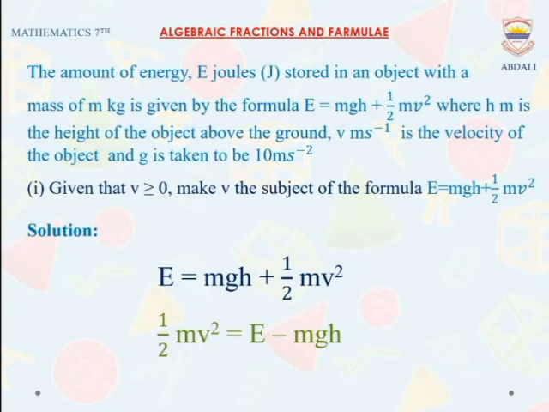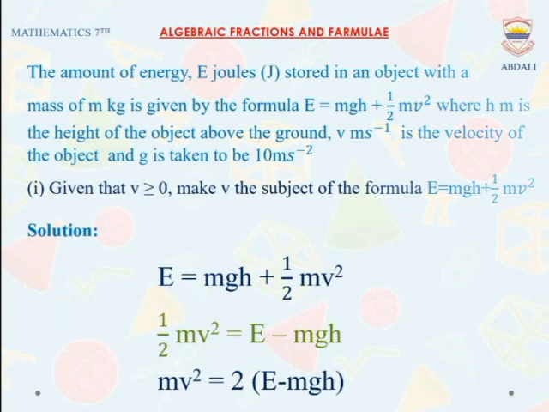So now we will move 1 by 2 to the other side of the equation, and when 1 by 2 is moved to the other side, it will change to 2 by 1. And there is no need to write 1 when it is in the denominator. So now we have mv square equals 2E minus 2mgh.